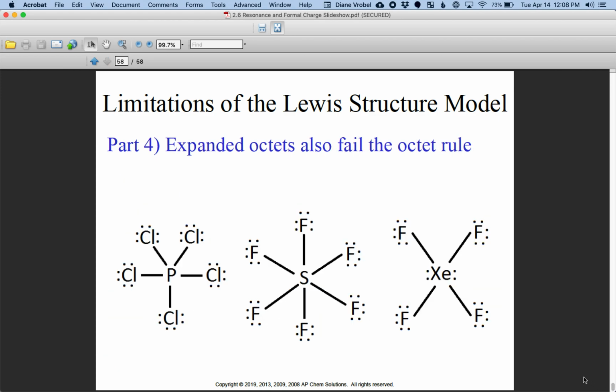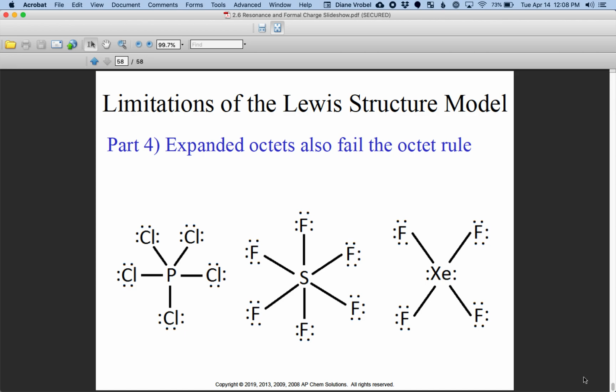Okay. The other problem with the Lewis structure model is we assume that when you are drawing Lewis structures, every atom wants to satisfy the octet rule. And obviously, when you're talking about elements that are period 3 or higher, because they have access to their d electrons, they're more likely to exceed their octet.